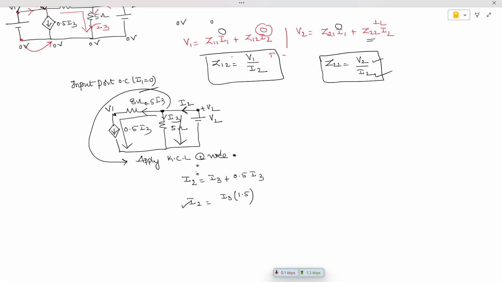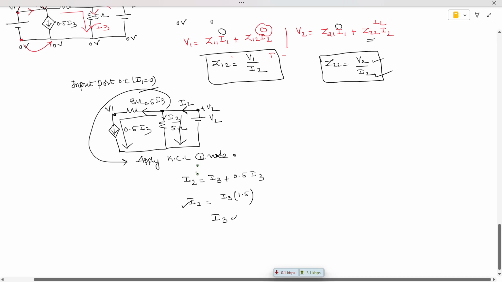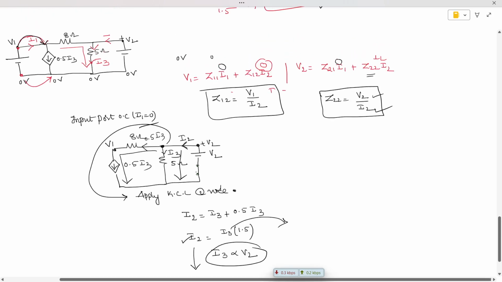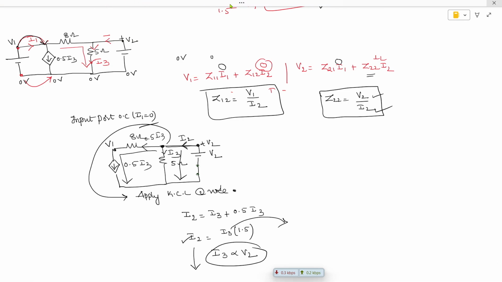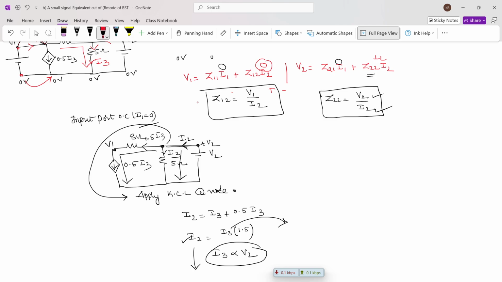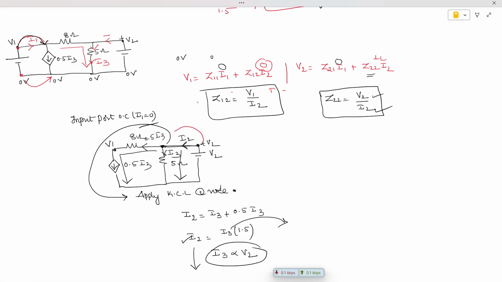From here we require the relations of V2 and I2. So already I2 is there, we need to express I3 in terms of V2. So how to write down I3? Here V2 is there, this is short circuited automatically. This node will be shifted to this node, and this node will act as the V2 node, because all are connected to the same line.